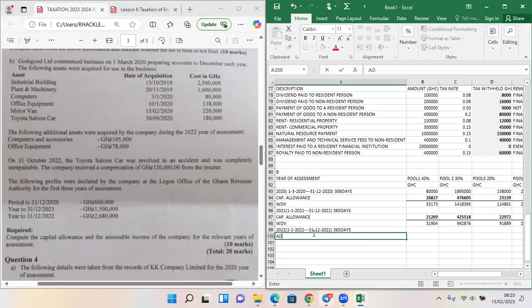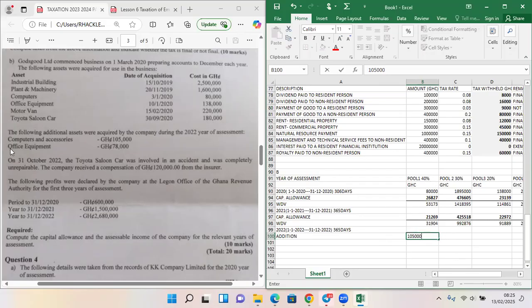So let's deal with the additions or purchases. The purchase of computers and accessories, which is 105,000, is in pool 1, right? That's why it's under pool 1.